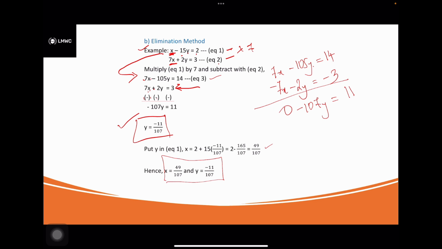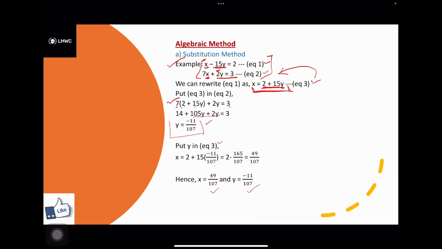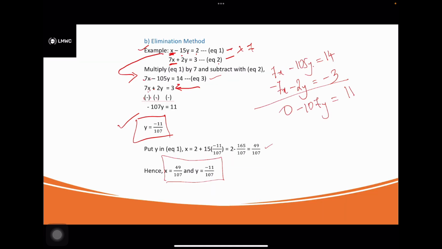So you have got the answers. What we have noticed here is whether you use this elimination method or the previous method, which is the substitution method, you get the same answers, right? Here x is 49 by 107 and y is minus 11 by 107. Similarly, here also we have the same. This indicates that whichever method you use, you are going to get the same answers.